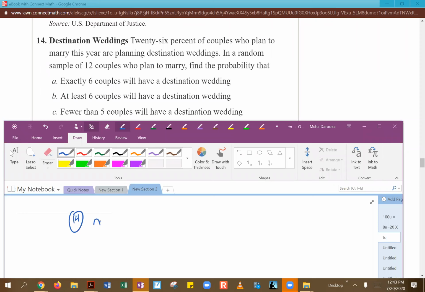So what would you say is the N value here? There we go. Alexandra, Lily, you guys have 12. Yeah, because they're telling us it's a random sample of 12 couples, right? So that's 12. Very good. We'll come back to the X value in a minute. What's our probability here?